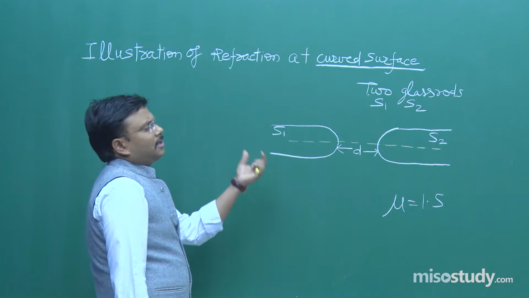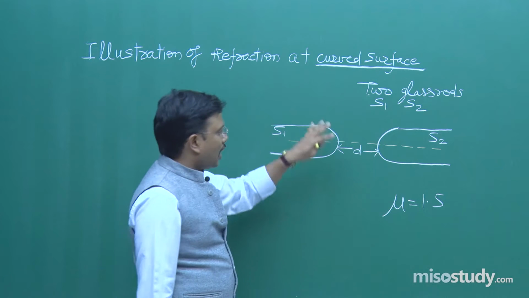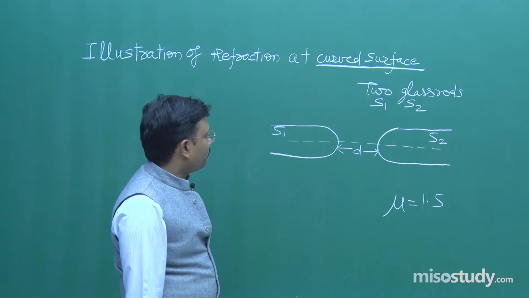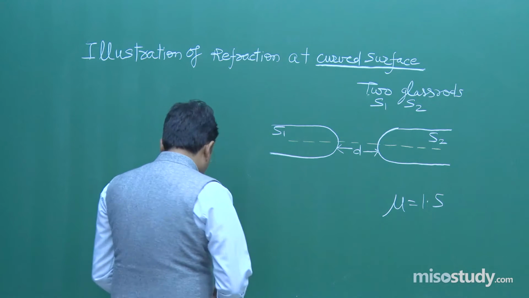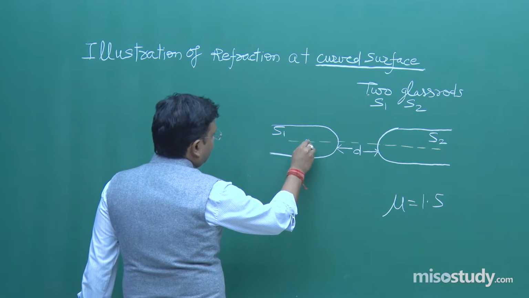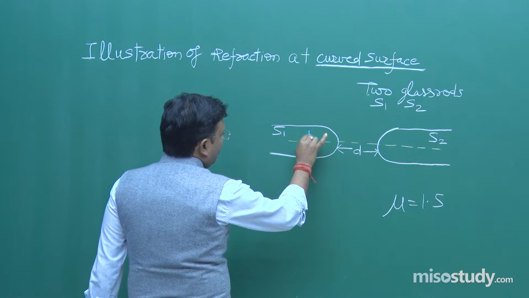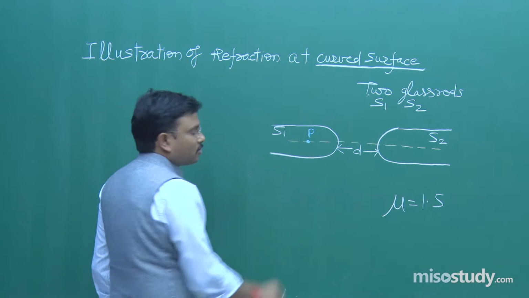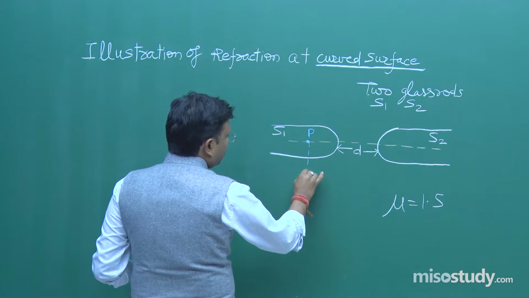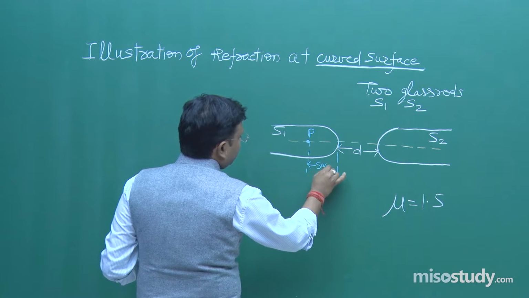Listen carefully, it is an illustration, it is a situation. Rather than writing down the language, I am writing some important terms and then explaining them. Now what is performed? In S1 a point light source P has been placed, and let us say this gap is 50 centimeter.